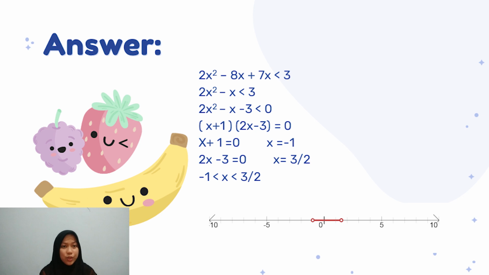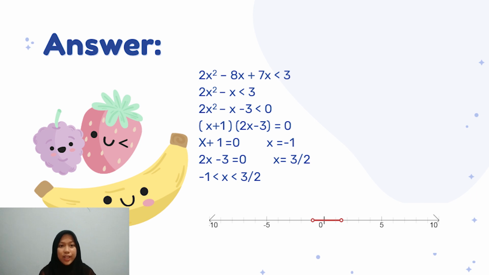And next step, subtract 2x squared from 4x squared. And then 2x squared minus 8x plus 7x is less than 3. And next step, add minus 8x and 7x. And 2x squared minus x is less than 3.